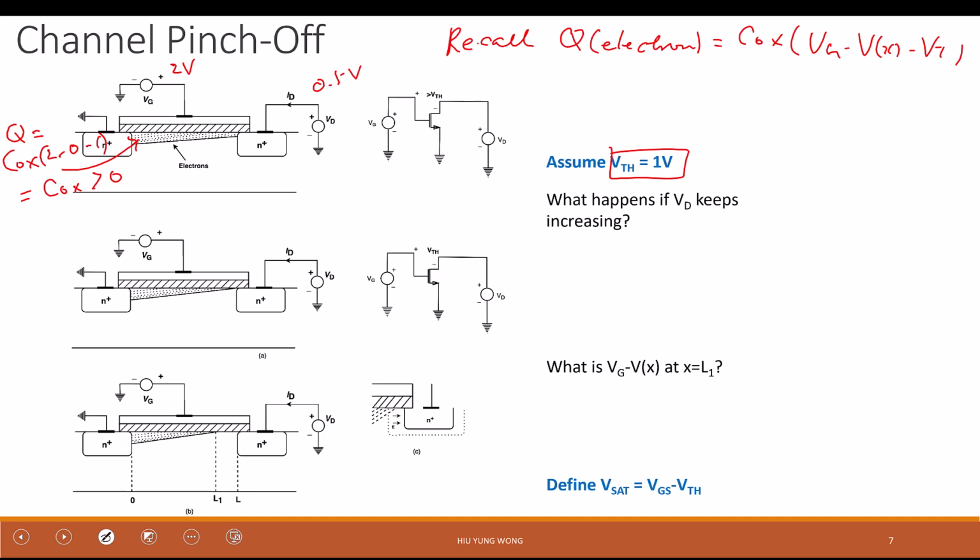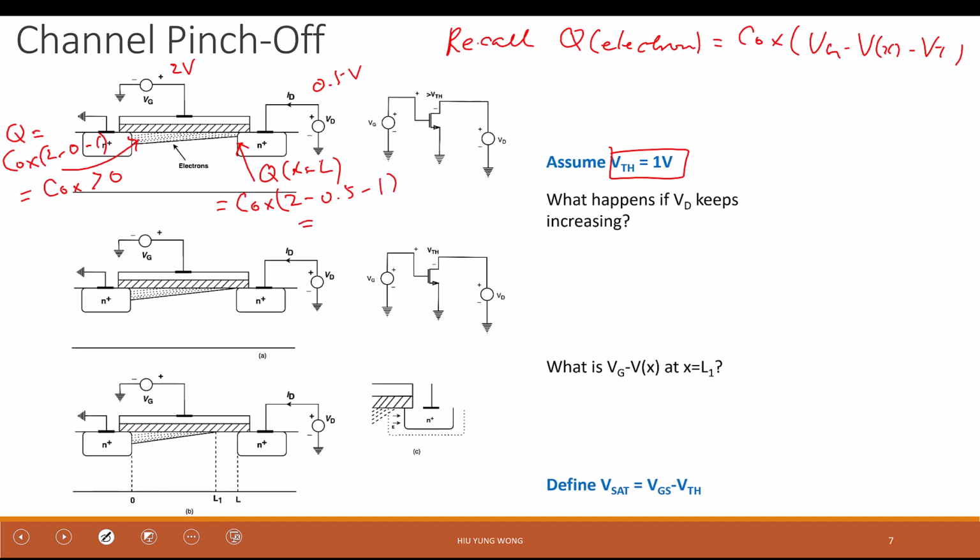How about at this point, which is X equal to L? It has C ox times 2 minus the potential at this point, Vd, which is 0.5, minus 1, where 1 is the threshold voltage.